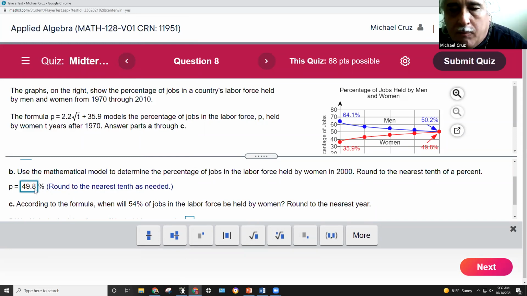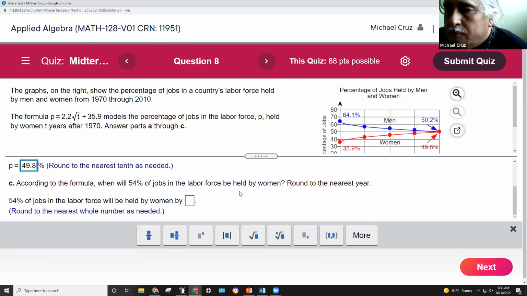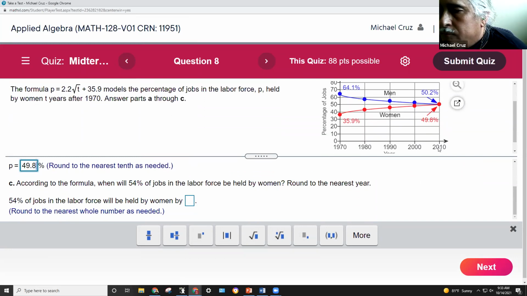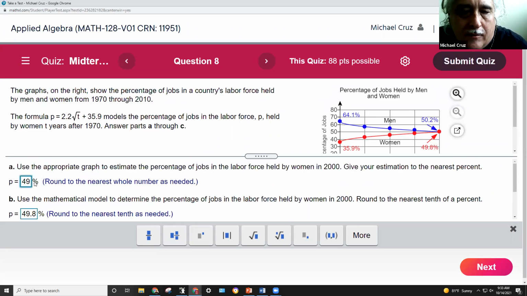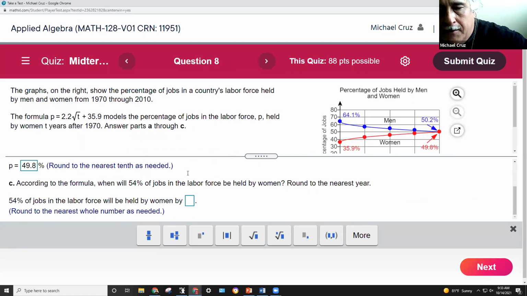That was pretty close to what we picked. Oh, okay. Well, it was right there. Oh, that's right. It wanted to round it off to the whole percent. That's right. According to the job formula, when will 54% of jobs in the labor force be held by women?